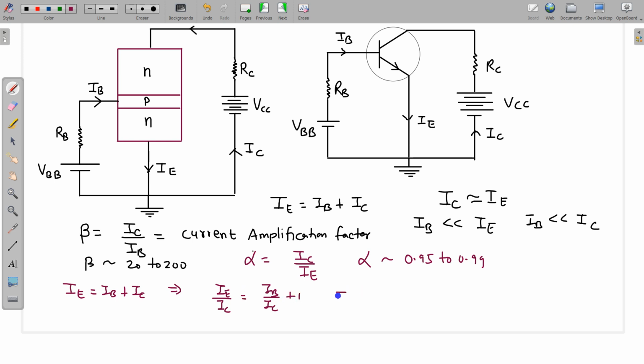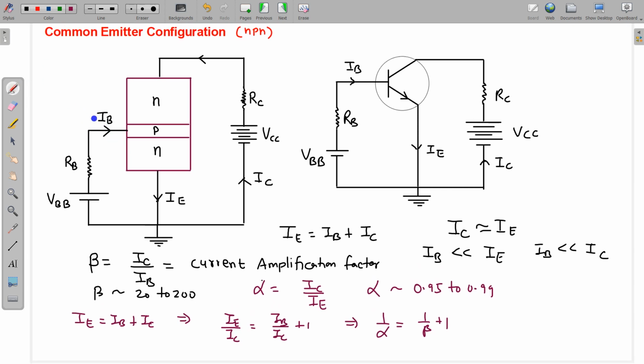IE upon IC is 1 by alpha, and IB upon IC is 1 by beta, so 1 by alpha is 1 by beta plus 1. From here we find the relation between alpha and beta. There can be various questions on this relation, so we must remember what alpha and beta are, and the relation between alpha and beta can be asked in the examination.